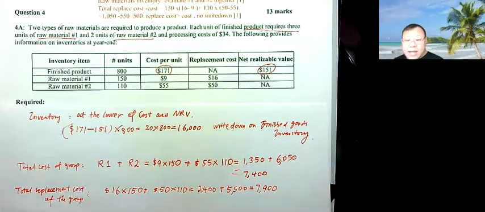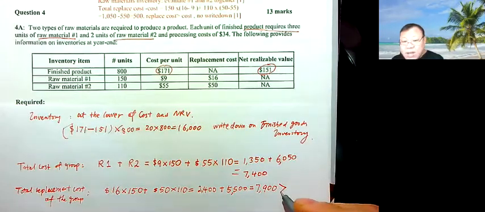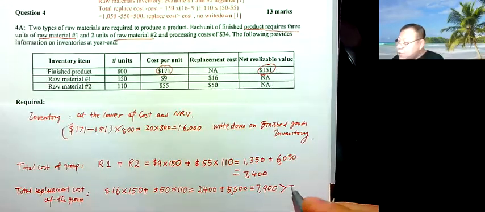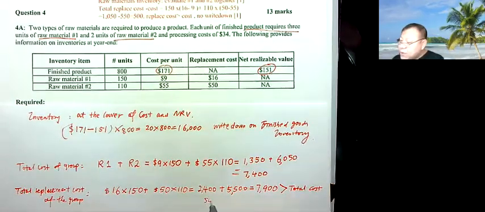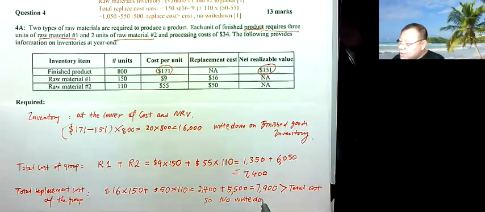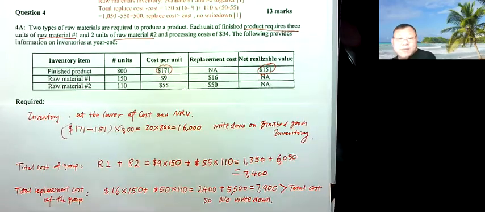So you can see that this total replacement cost is more than total cost. So no write down. Okay, no write down. That's the first part.